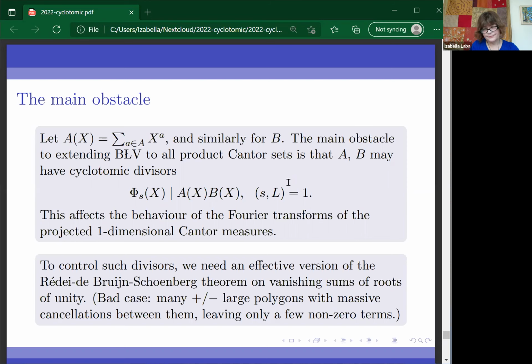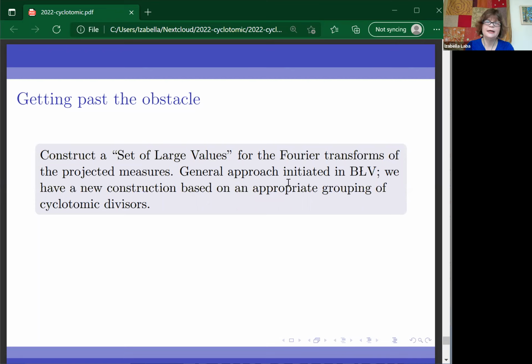Okay, so to get past the obstacles, we need to construct something called the set of large values. The general approach was initiated in the paper with Bond and Volberg. We have to modify the construction based on an appropriate grouping of the cyclotomic divisors.